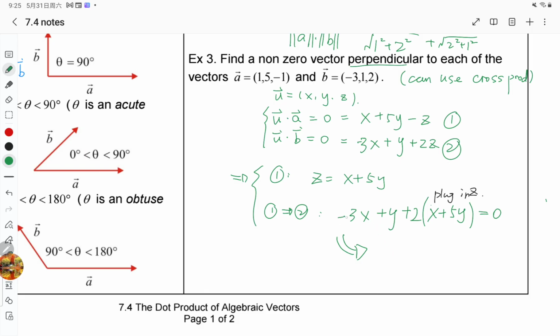So this becomes negative 3x plus y plus 2x plus 10y equal to 0, so that we have negative x is equal to minus 11y. Okay, so x is equal to 11y.